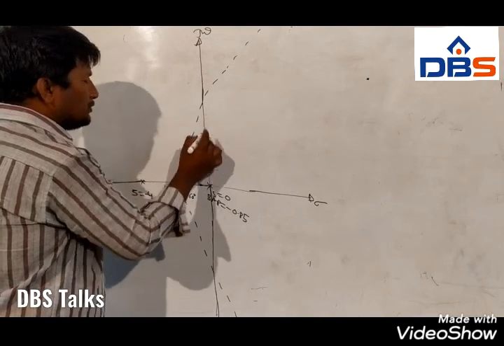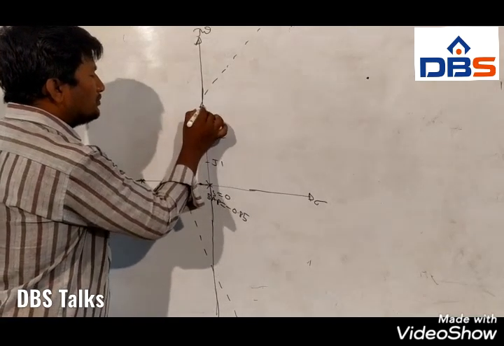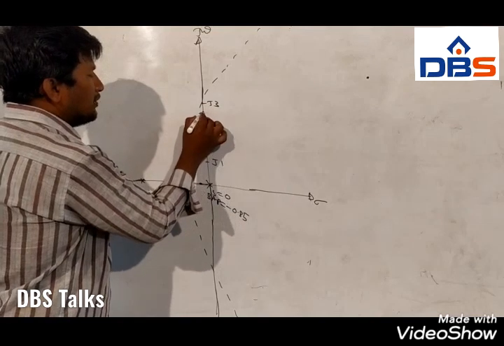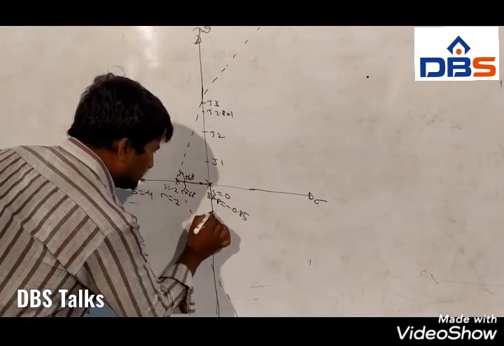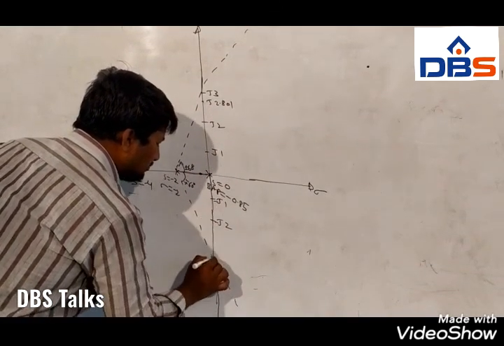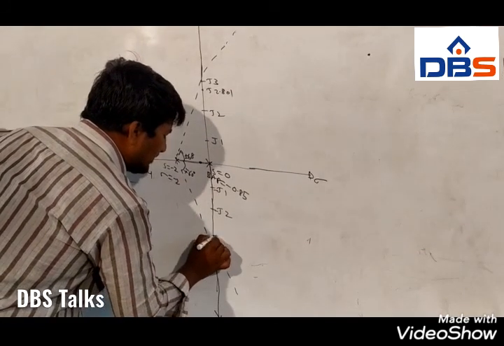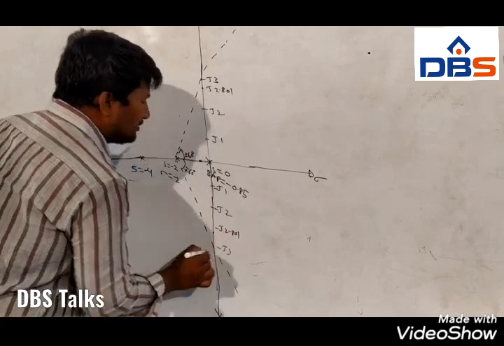So this is J1, J2 and this is J3, and now this is J2.801. In similar manner, minus J1, minus J2, minus J3, and this is minus J2.801.